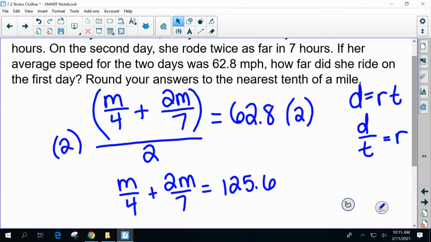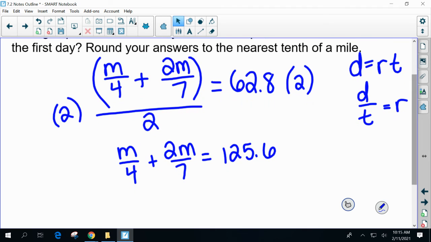So then this is the same as having like 1/4 M. So I'm gonna rewrite this. I'm gonna make it 1/4 M plus 2/7 M equals 125.6. Okay, so those are like terms.